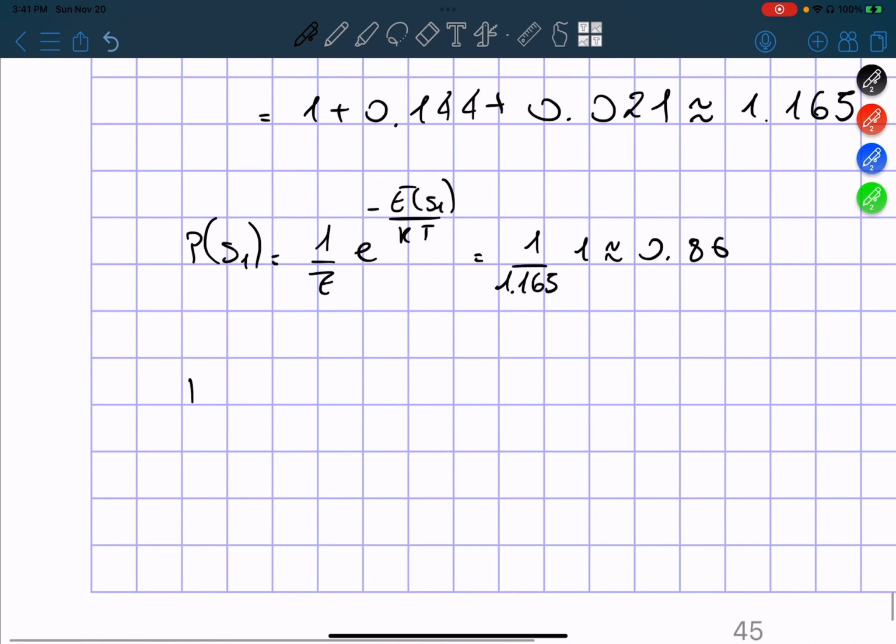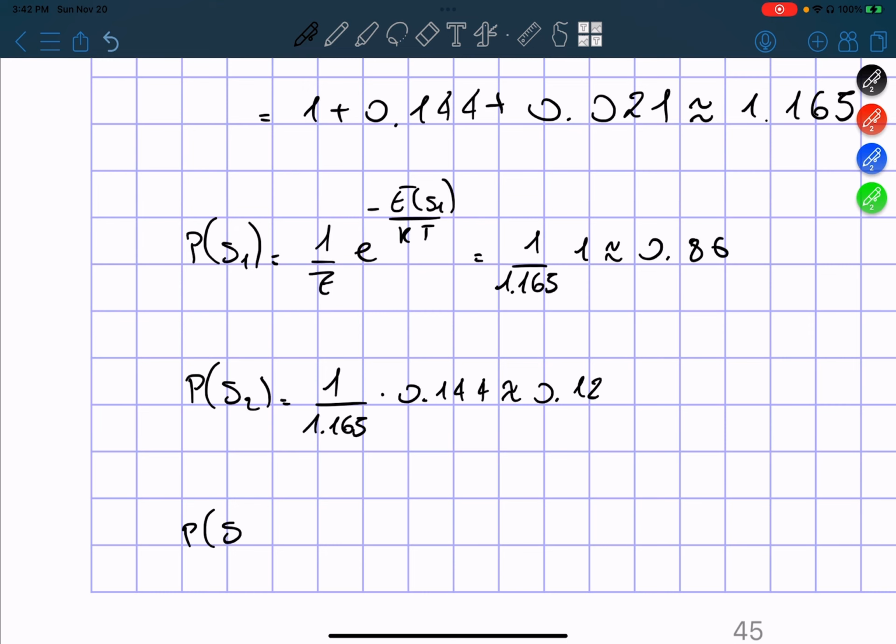For our second one, S2, we get 1 over 1.165 times 0.144, which is equal to about 0.12, and then for S3, 1 over 1.165 times 0.021, which is equal to 0.018.